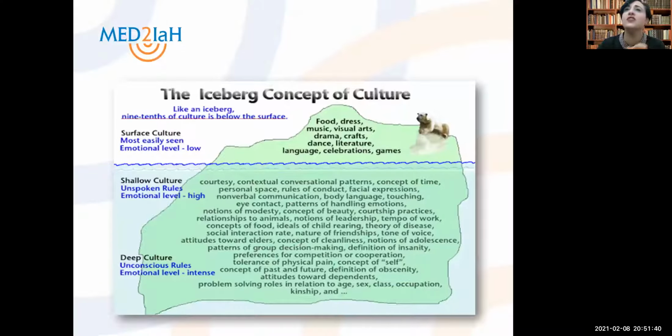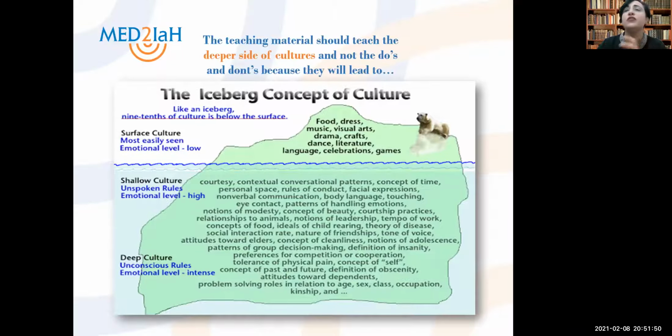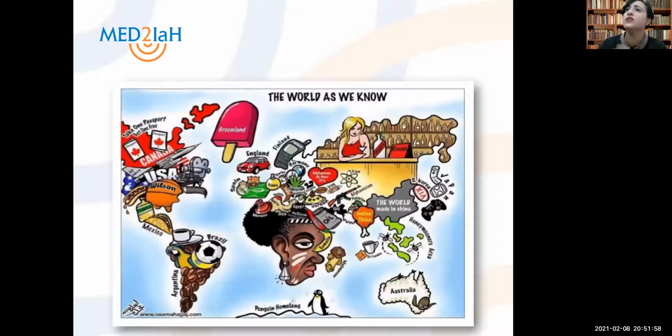Now, I like this iceberg concept very much because it shows how culture is multi-layered, how culture is deeper than the surface layer. The teaching material should teach the deeper side of culture and not the do's and don'ts because they will lead to stereotypes. And as you know, we all have different stereotypes about each other.